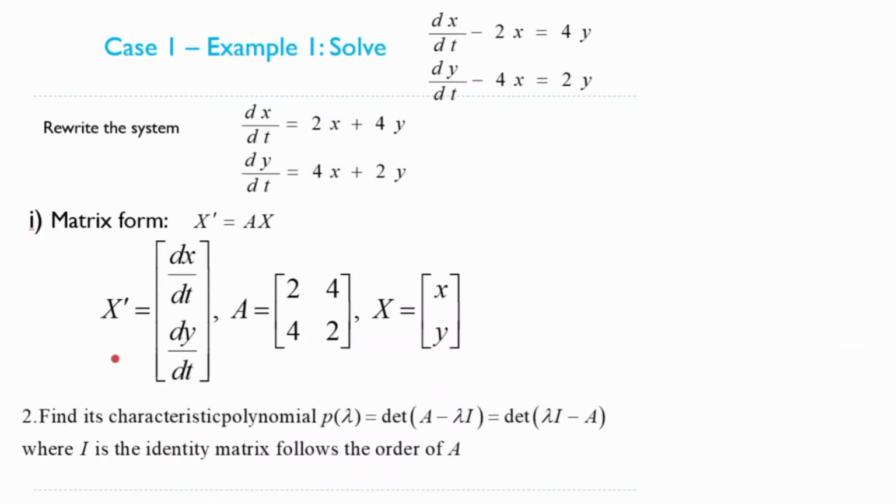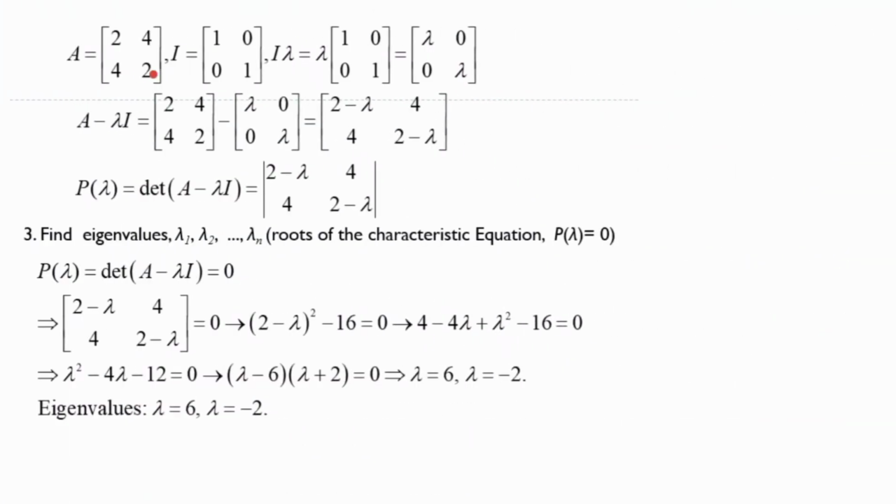Now we have to find the characteristic polynomial p of lambda, which is the determinant of A minus lambda I, or you can consider the determinant of lambda I minus A, where I is the identity matrix and the size of I depends on the size of A. Here our A is 2, 4, 4, 2, that means a 2 by 2 matrix, so our I is also a 2 by 2 matrix.